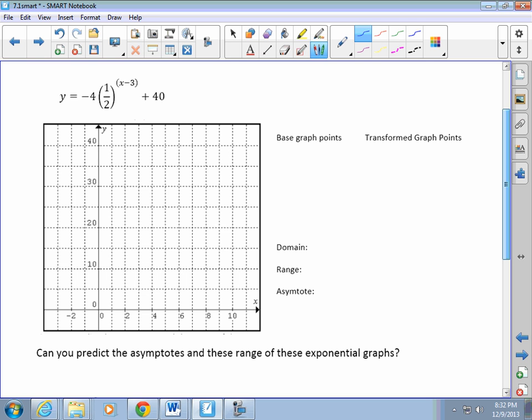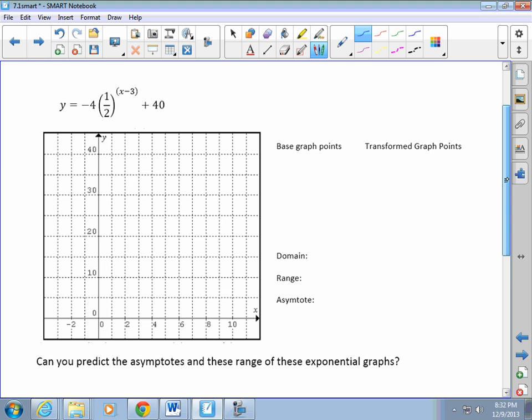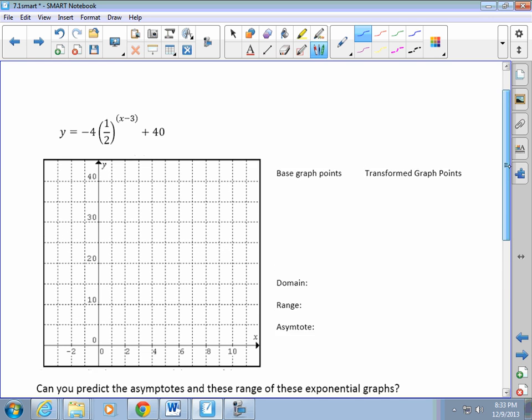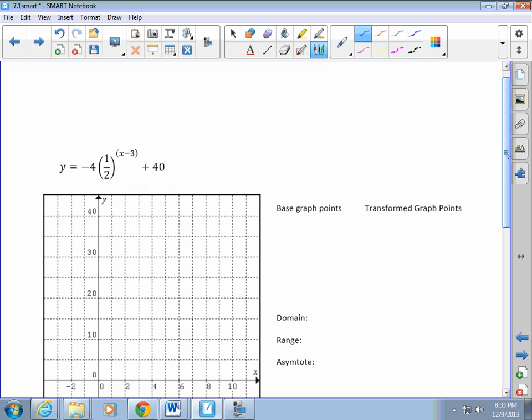So if I take a look at my values, my A, B, H, and K, my A is equal to -4, my B is what's in front here, and it equals 1. My H is a 3, and my K is a 40.